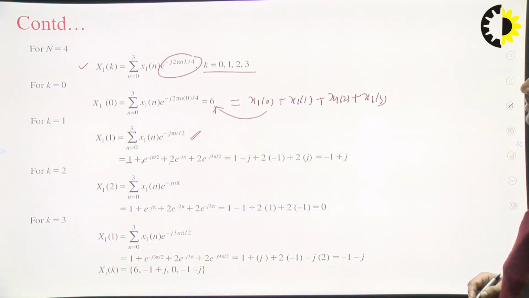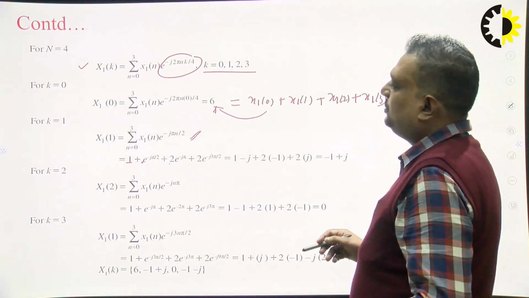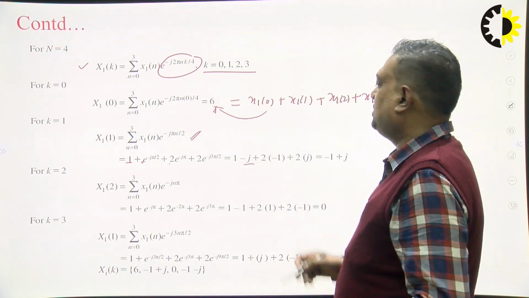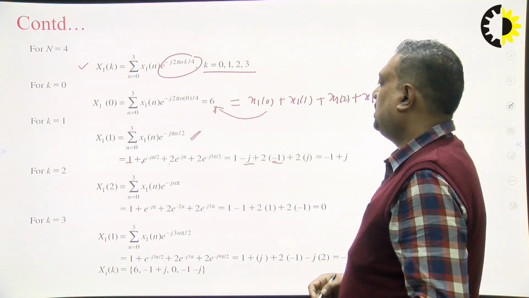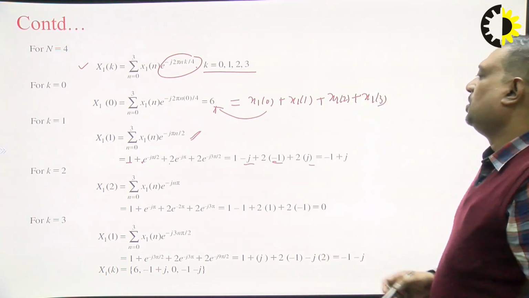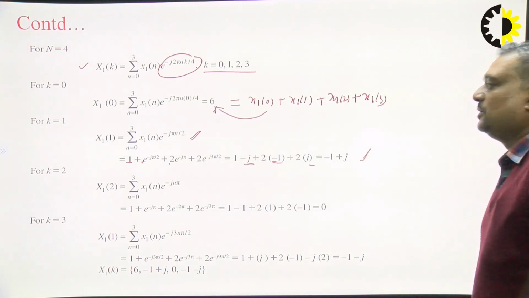And e to the power minus j 3 pi by 2 is cos 3 pi by 2 minus j sin 3 pi by 2. The value of e to the power minus j pi by 2 is minus j. The value of e to the power minus j pi is minus 1. And the value of e to the power minus j 3 pi by 2 is j. Okay. So the value that we will obtain is minus 1 plus j.